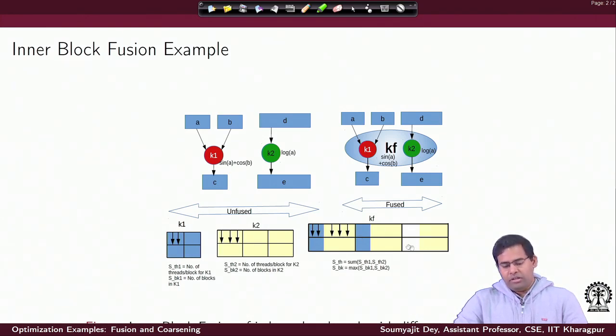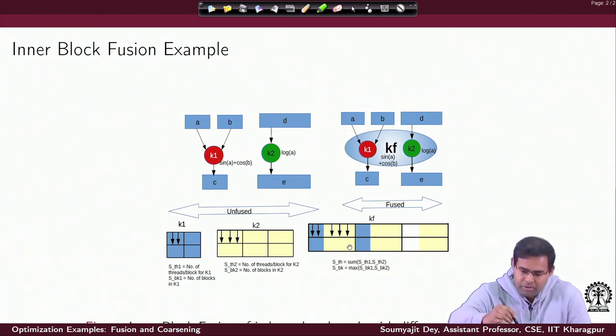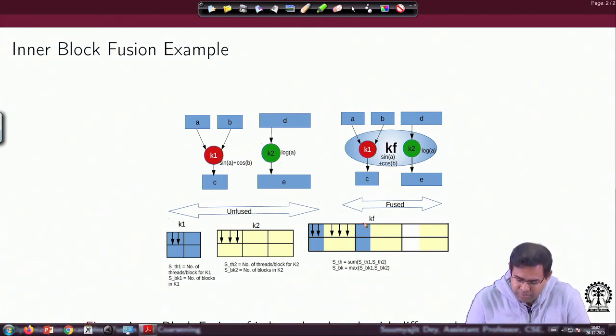Observe what is happening in the last block. Remember one thing in this picture: although I am not showing the arrows in the other blocks, I hope you understand that the threads are present there, right. So, essentially this pattern is replicating here, here, here, like that. Just to avoid any confusion, this entire pattern is also present here, here, here.